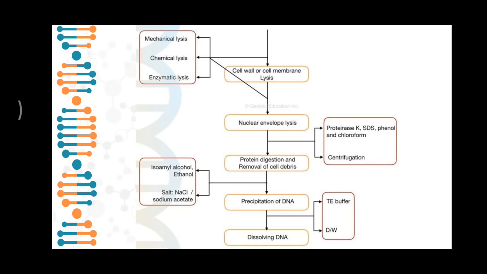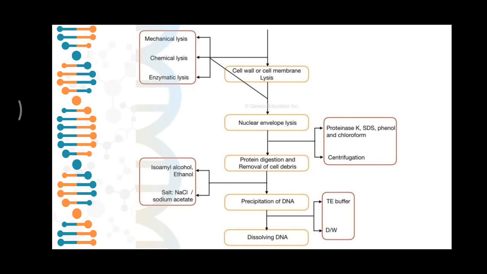We have to go with mechanical lysis, with the help of chemicals and enzymes, to break open the cell wall and also the nuclear envelope, to bring out the intracellular components along with the DNA of interest. Then we have to treat with some kind of proteinase, detergents, and other purification steps to remove other contaminants.